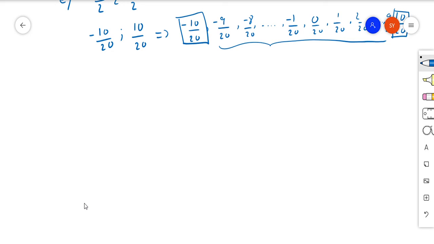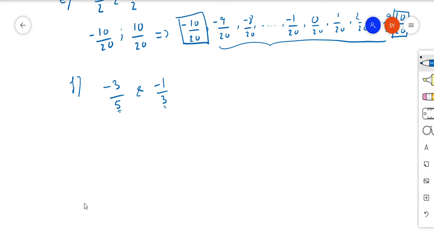Then the last one, F. We'll quickly wrap this up. Minus 3 by 5 and minus 1 by 3. The minus sign is over here, you can take it up. Again the denominators need to be same.